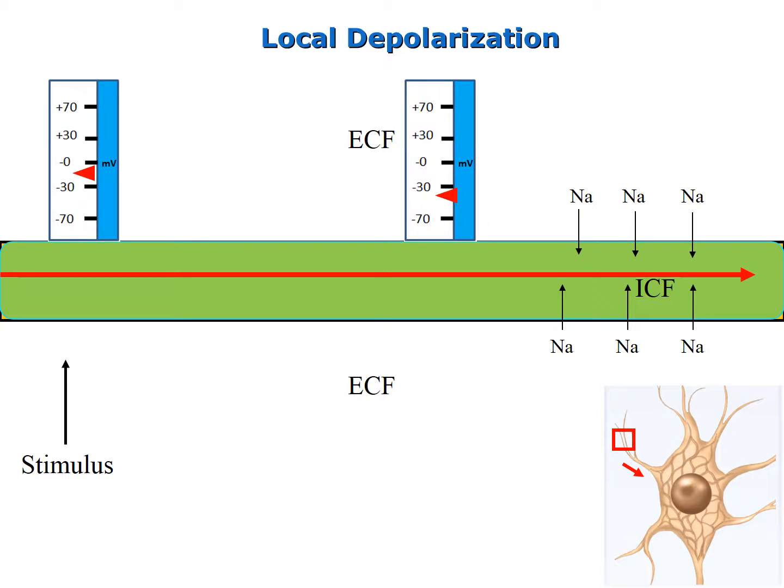If we moved farther away from the stimulus, however, we'd see that that depolarization was losing strength. Now it has moved to, say, -35, and then farther and even farther away from the original stimulus, it's almost back to the resting membrane potential. So the depolarization is losing strength as we move farther and farther away from the site of the original stimulus.